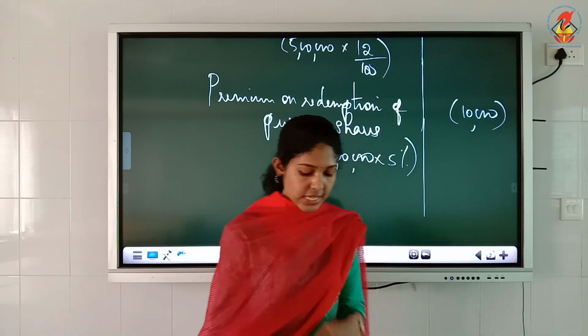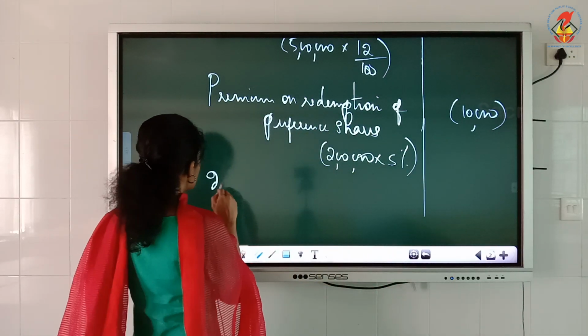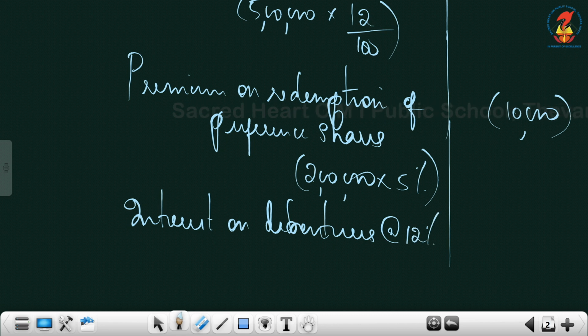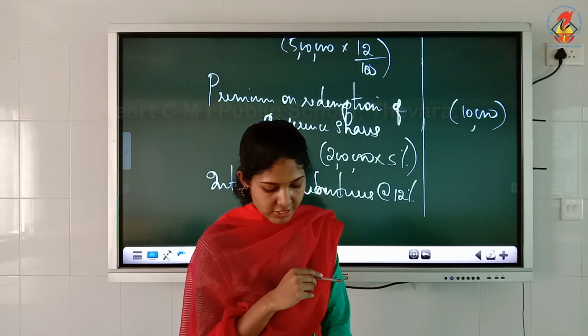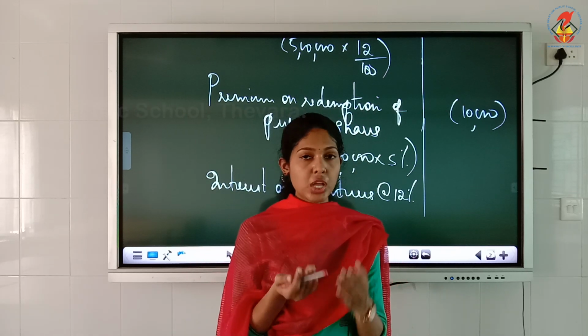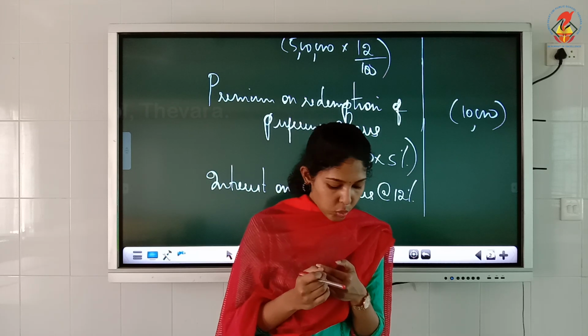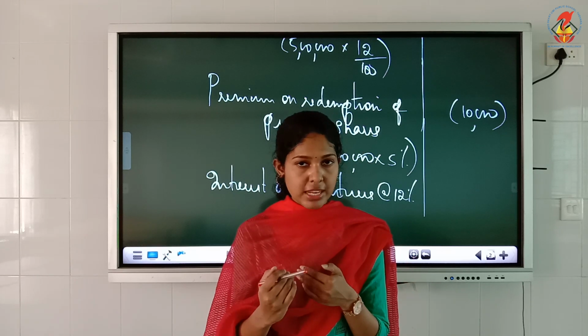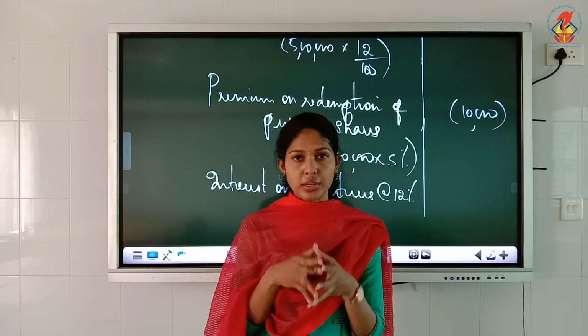So here it is interest on debentures at the rate of 12%. So we will compute 12% on which value? You have to compute 12% on 3 lakhs, because it is said in adjustment 4, that is additional shares and additional debentures were issued on the closing date.